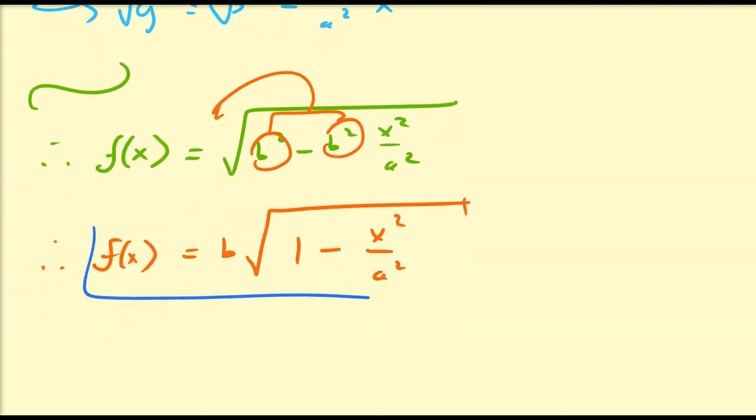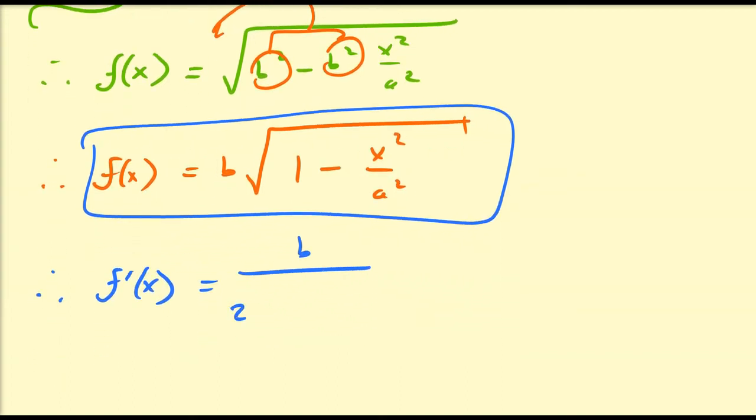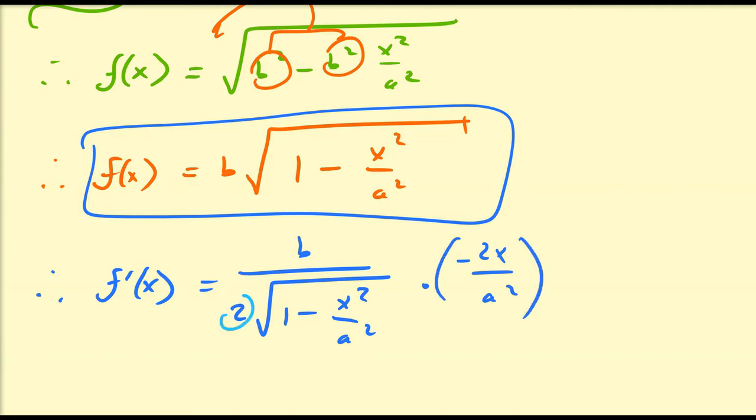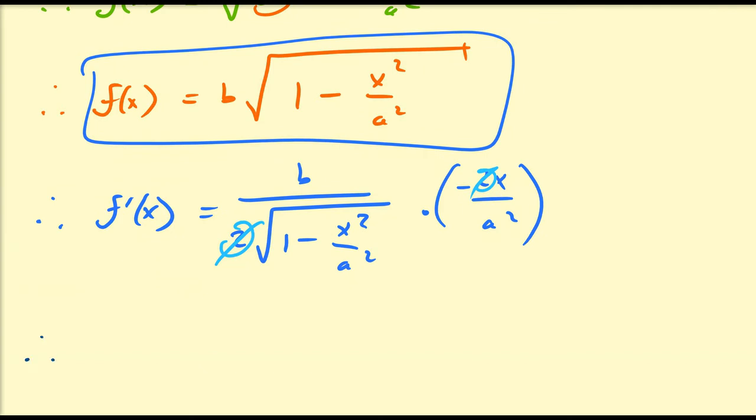So for the arc length representation, we're going to be finding the derivative, so let's just differentiate with respect to x here, which is going to be b divided by 2 times the square root of 1 minus x squared over a squared, and then multiplied by this interior quadratic, which is going to be equal to negative 2x divided by a squared. We clearly see that these 2's will cancel, and then we're going to square both sides of this equation.